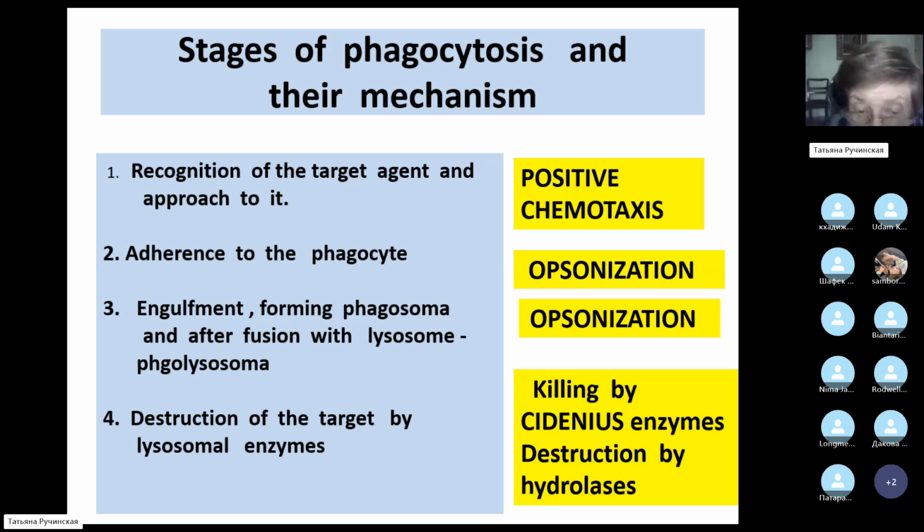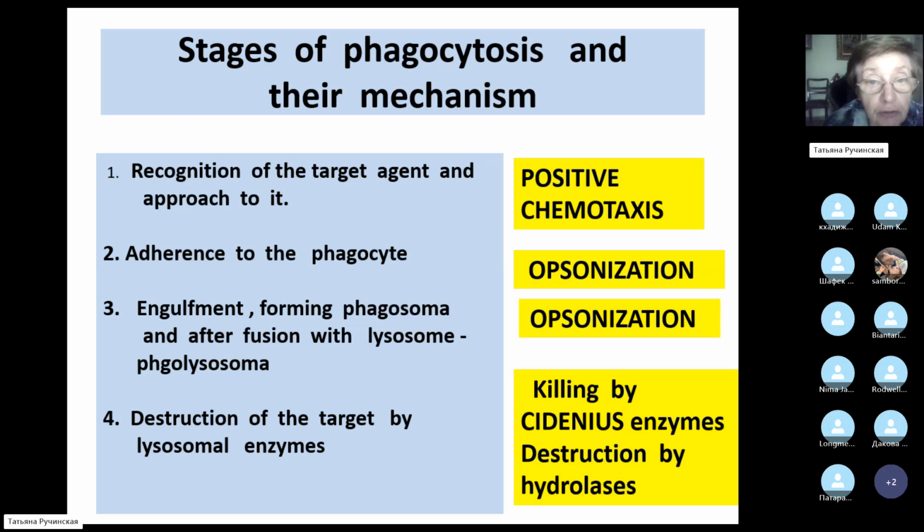Next, engulfment of these injurious agents, then formation of the phagosome, and after fusion with the lysosome, the phagolysosome. The mechanism of these is opsonization too.